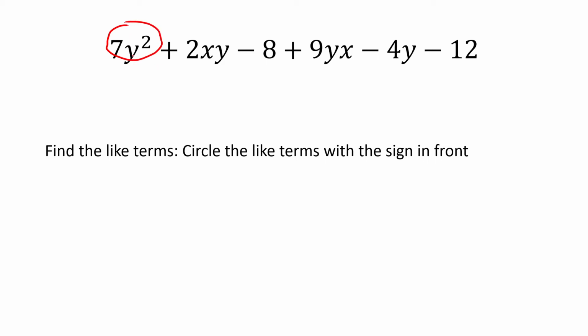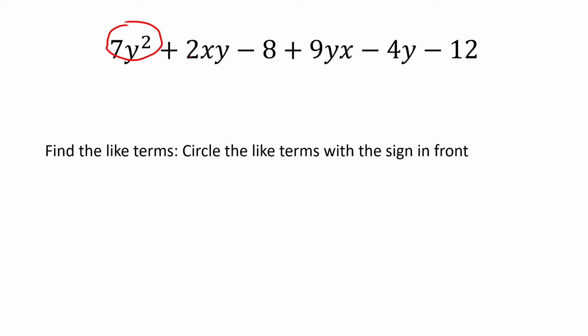Does y to the second power appear anywhere else? No. The y squared doesn't appear anywhere else. You might say, oh, how about 4y? Well, this has a 2 on it. This one doesn't have a 2 on it. So that means they are not the same. So 7y squared is by itself.